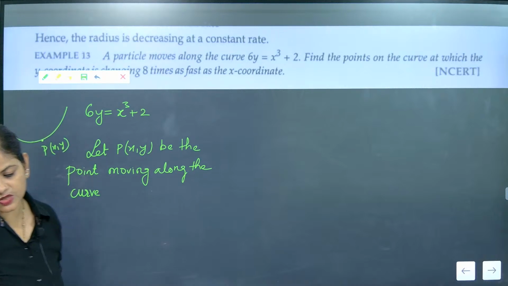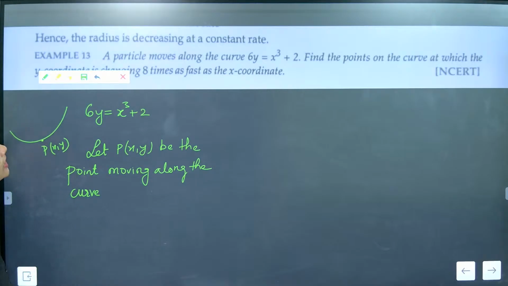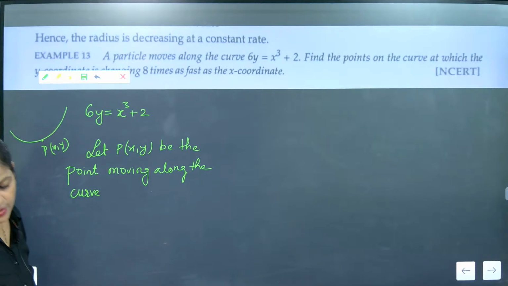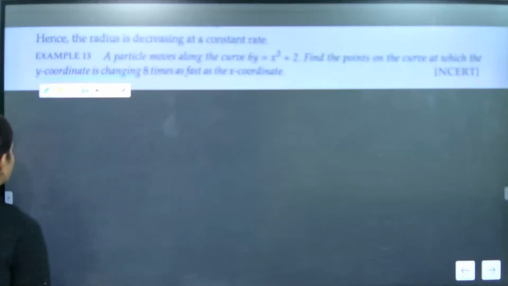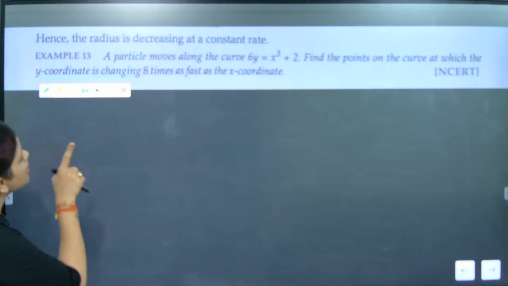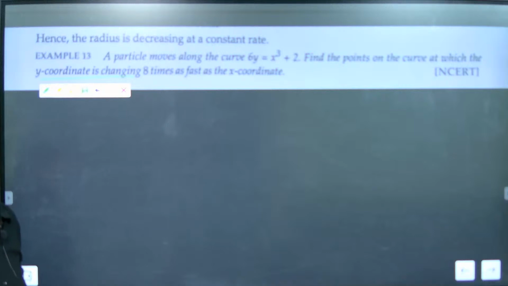Once we have written this, what is the question given to you? The question says to find the point on the curve at which the y coordinate is changing. What part is given? Rate of change of the y coordinate. The y coordinate is changing 8 times as fast as the x coordinate.